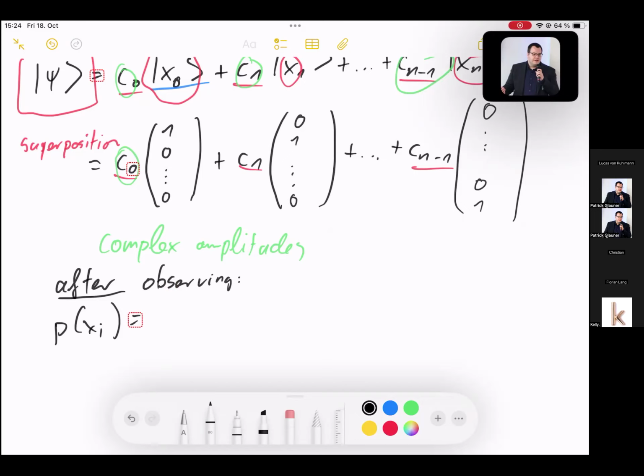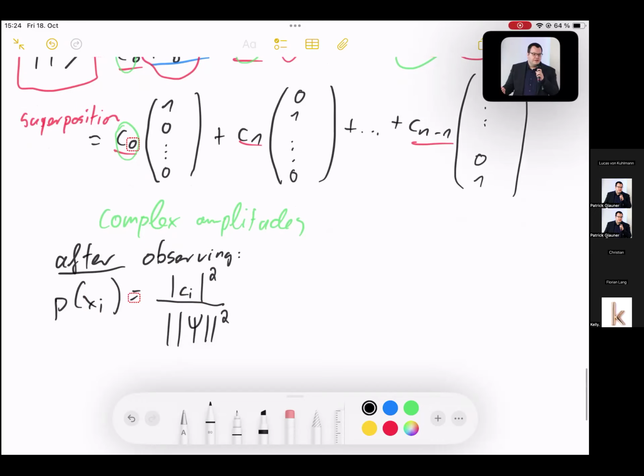So we can calculate this by taking the modulus of the corresponding complex number, Ci, and we square the modulus. And we need to divide this by this one here. And you're probably wondering, what does this mean?